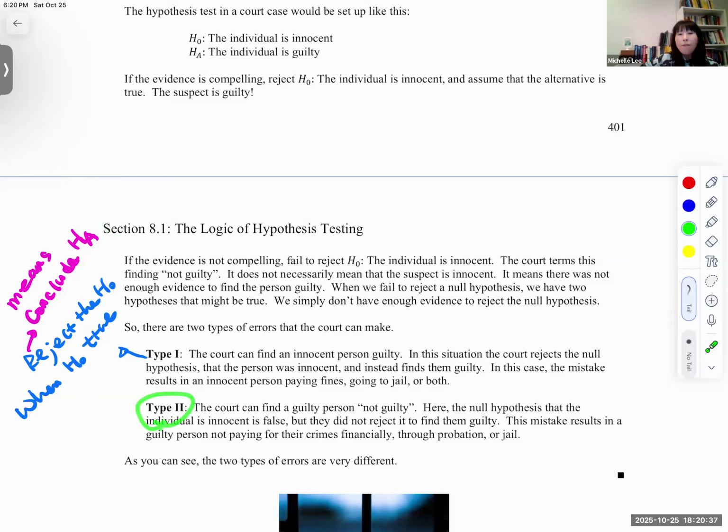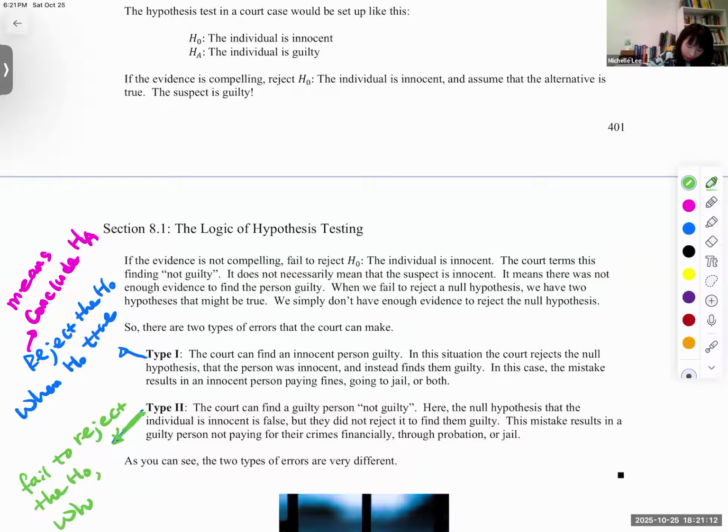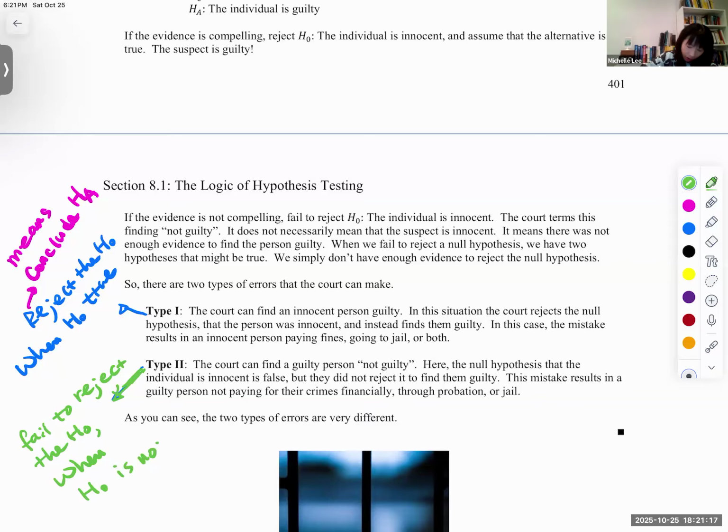Okay, type 2 error, failing to reject the null hypothesis when the null hypothesis is not true, right? Failing to reject the null when the null is not true.